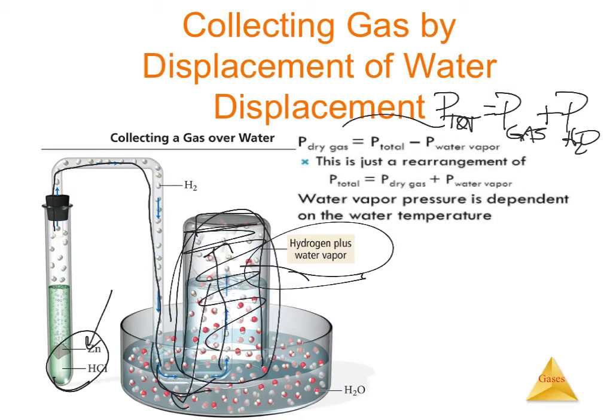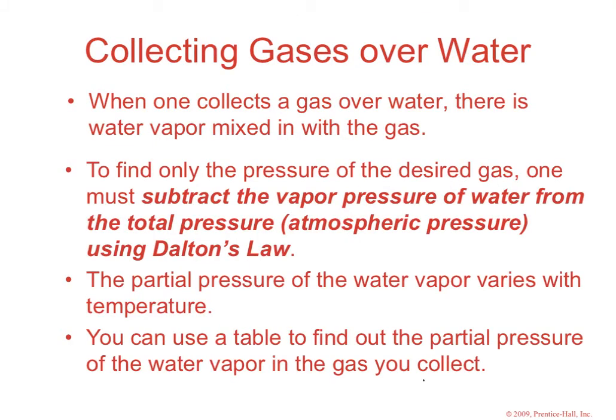And then rearranging it, if we want to solve for the partial pressure of just the gas we collected, it's the atmospheric pressure minus the pressure of the water vapor. Now, there are tables of values for water vapor pressure at different temperatures, so you can easily look those up. This slide is just typing out what I said on the previous, but I'll leave it because I know some of you learn better by reading than by listening.